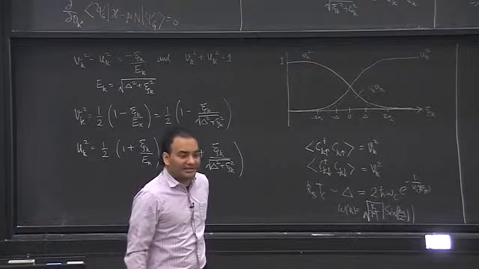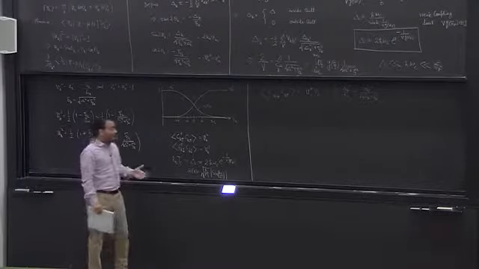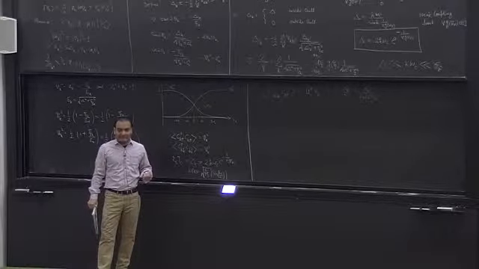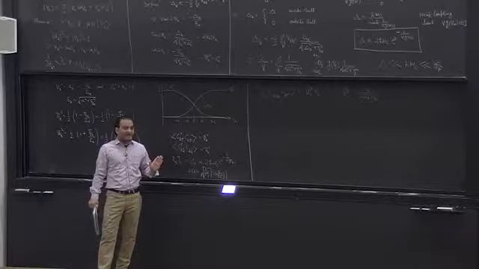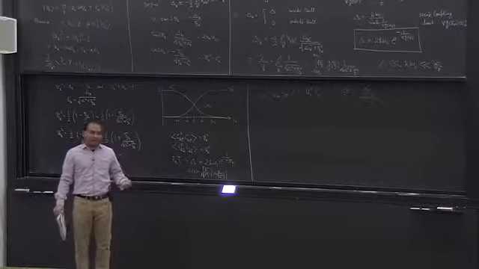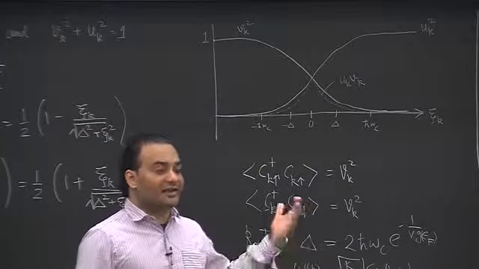So what does this tell us? This gives us a hint that if we are looking for an order parameter to describe a phase transition at the Fermi energy, remember, what is an order parameter? It is defined as a quantity which is finite in one phase and is 0 in another phase.